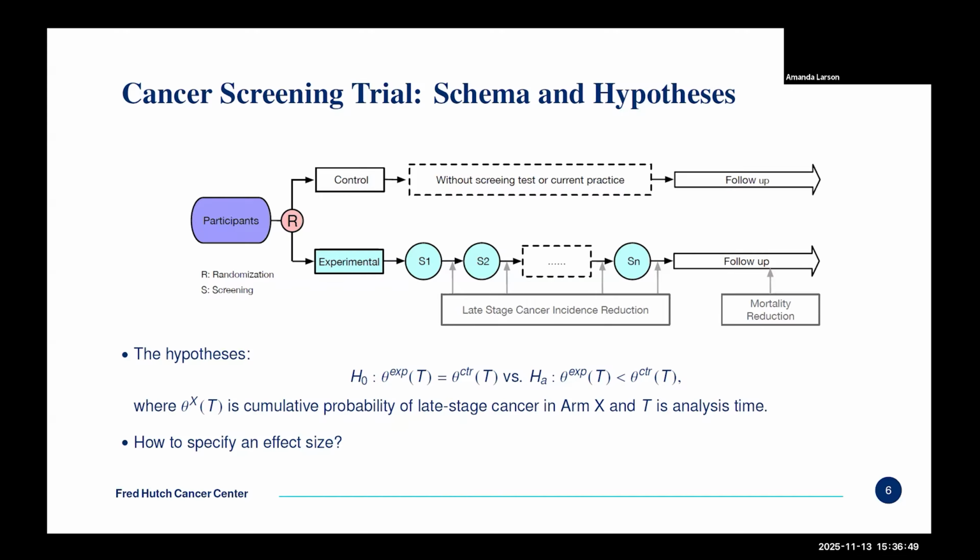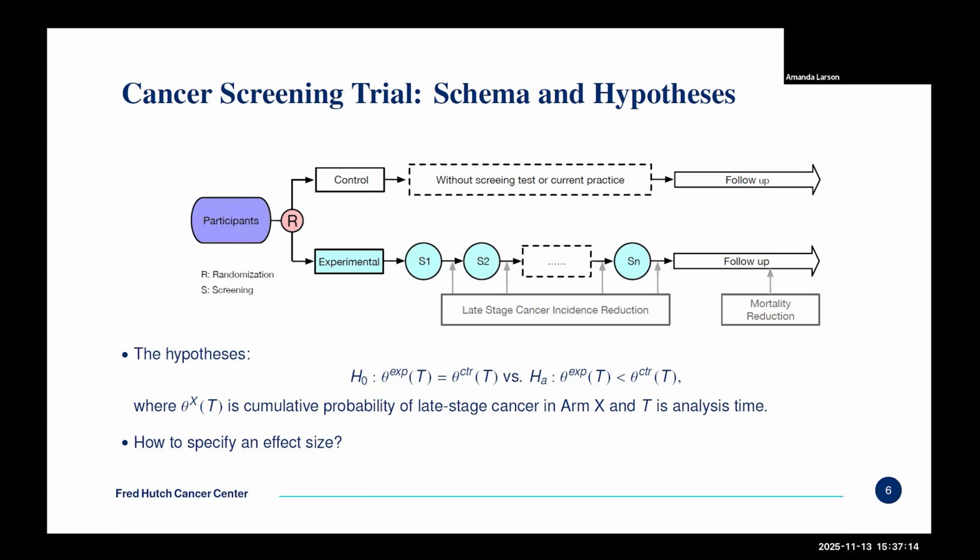So for a randomized screening trial, patients are randomized to control, which is whatever the standard of care is currently, or we can go through a sequence of screening. And then in the end, we want to check whether there are effects.